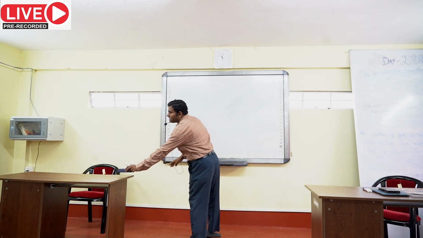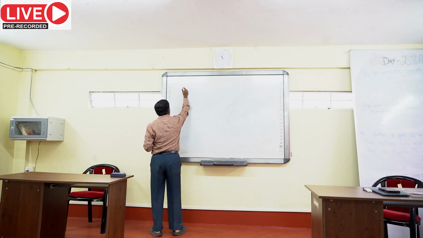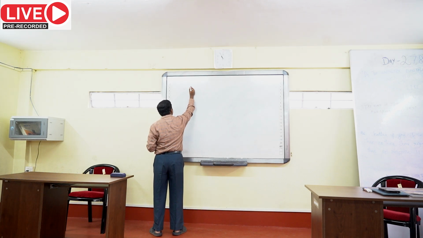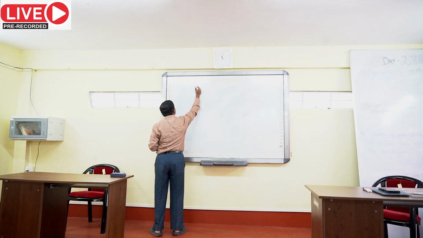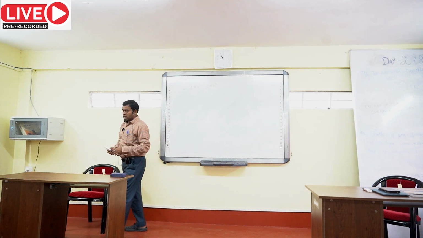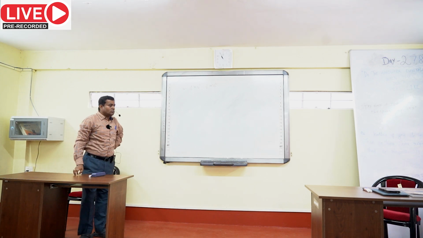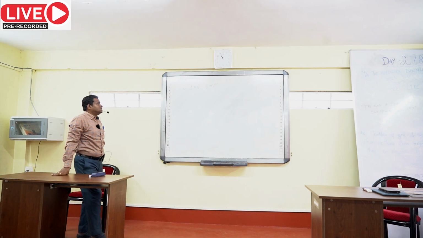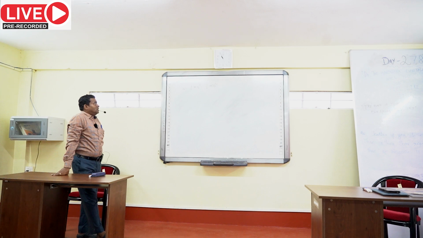So I will directly write the theorem. That is, work done by a force equals half m v2 squared minus half m v1 squared. This is your work energy theorem, which says that change in kinetic energy equals work done.